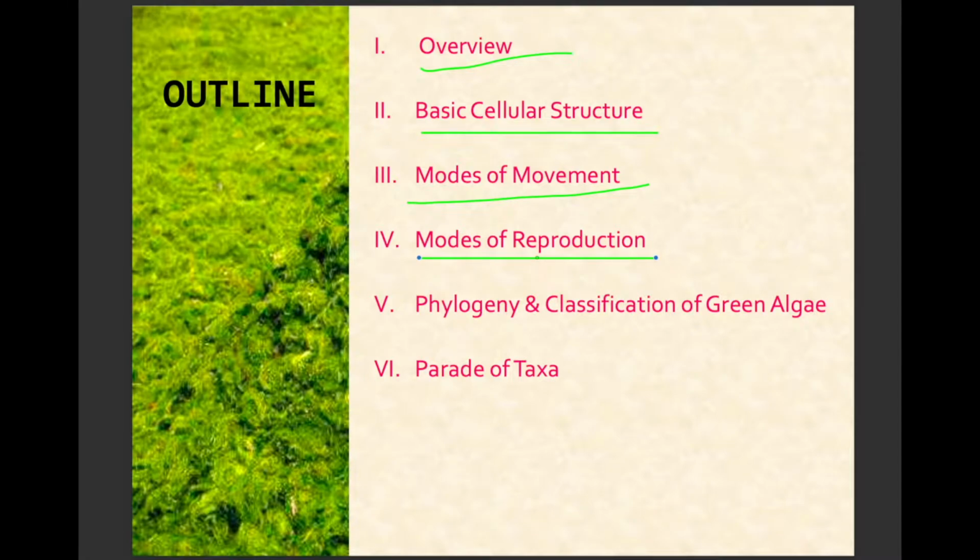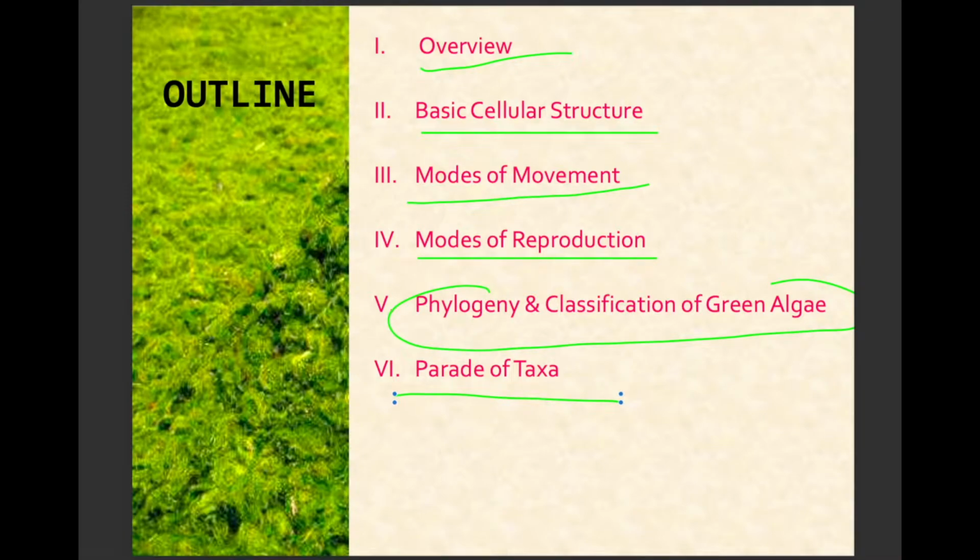Then we'll dwell a little bit more on the phylogeny and classification of your green algae, and then we'll finish off with the parade of taxa, giving rise to the different groups, particularly to the UCT or core chlorophytes.